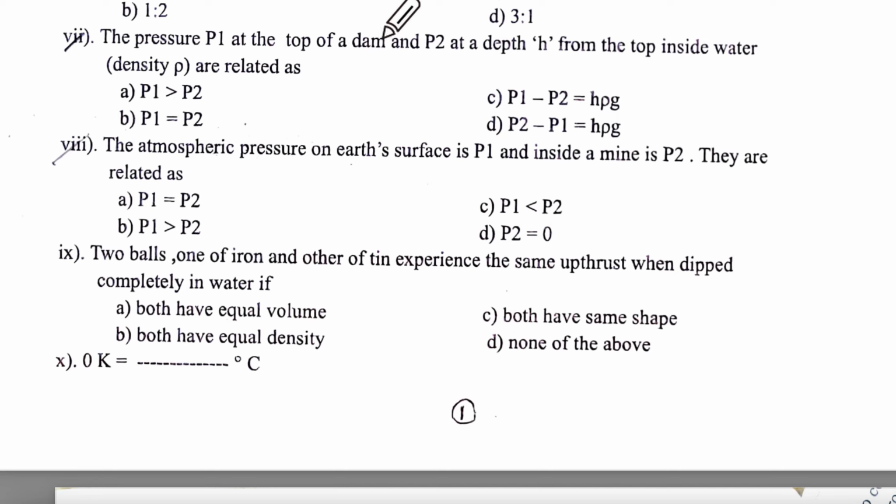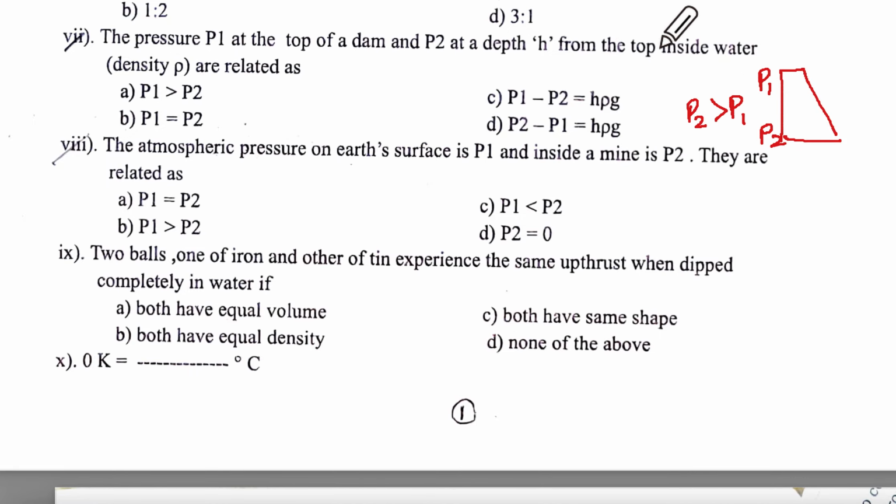Pressure P1 on the top of a dam and pressure P2 at depth H inside the water. Now remember, the dam wall is going to be built like this. If this is P1 and this is P2, tell me, more the depth, more will be the pressure. So P2 will be greater than P1, yes?